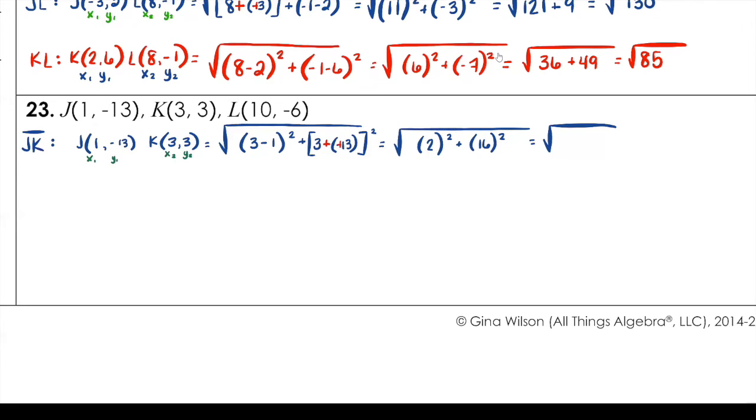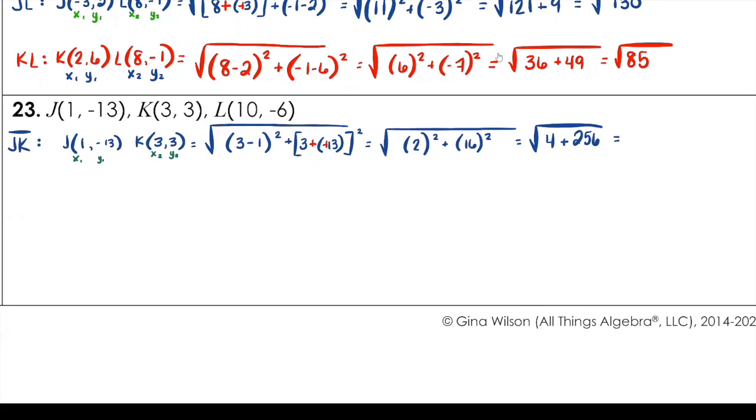So? 16 squared? 256. So 256 plus 4 is 260. Now, generally, we would keep going. We'd simplify, or we'd do a square root and get a decimal. But for the sake of today's argument, we can stop right there.